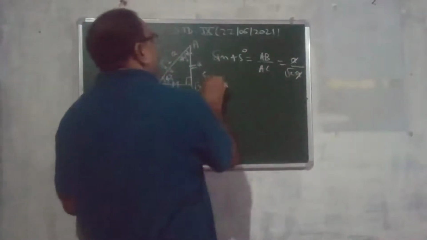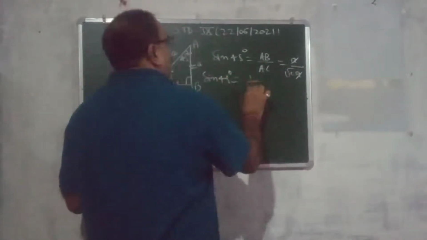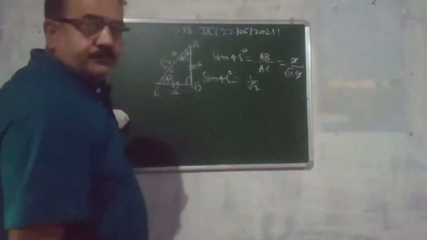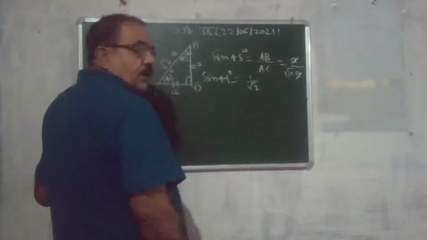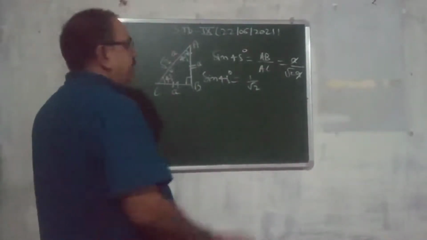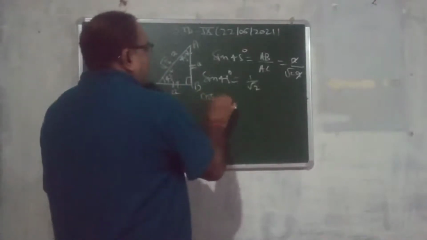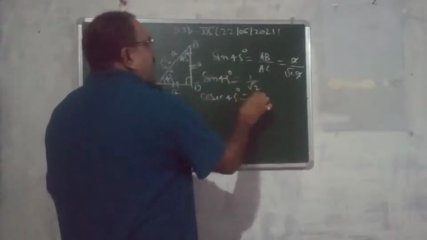A cancels, so sin 45 degree is 1 by root 2. Now the reciprocal of sin theta is cosec, so cosec 45 degree is root 2.